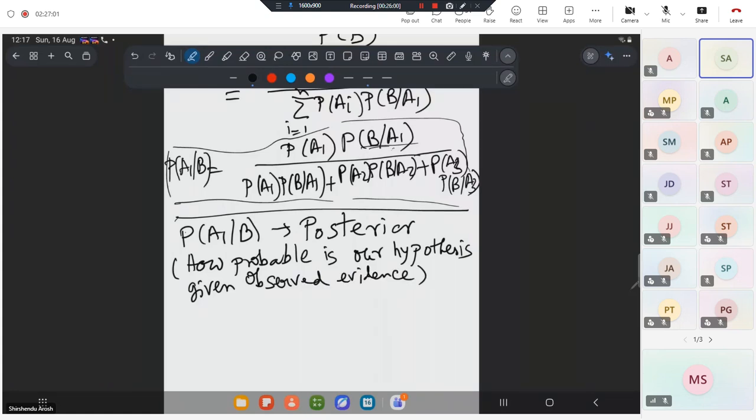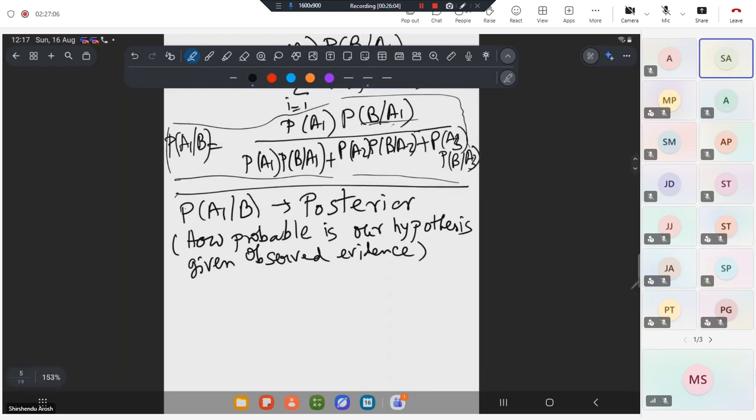We'll understand more when we talk about hypothesis theory. So P of A1 given B is nothing but the posterior: how probable is our hypothesis given the observed evidence. P of B given A1 is called the likelihood.